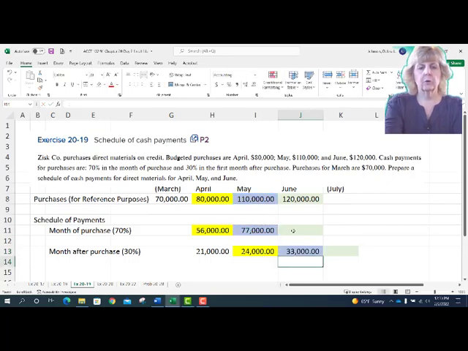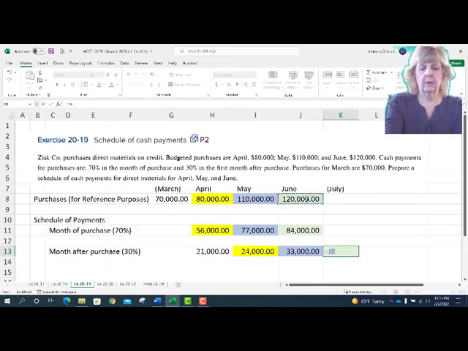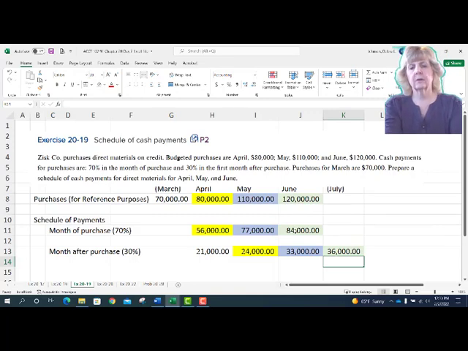And we repeat for June. 70% of June purchases would be paid in June, with the remainder again paid off the schedule in July. Again, I just included July so you could see that stair-step approach.